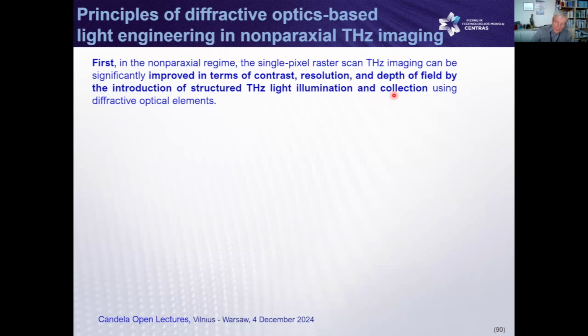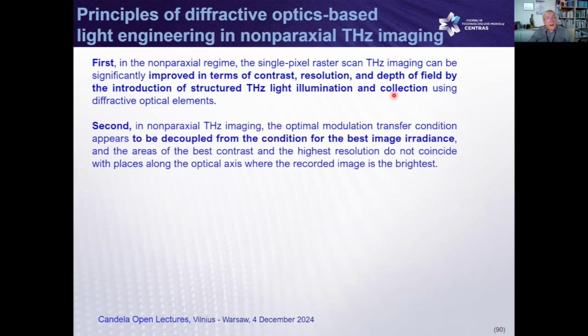Another important point, a sharp difference from conventional optics, is that optimal modulation transfer conditions appear to be decoupled from the conditions of the best image. So this is totally different from conventional photography.